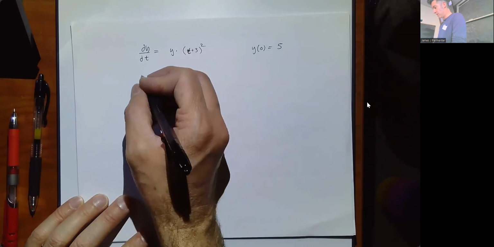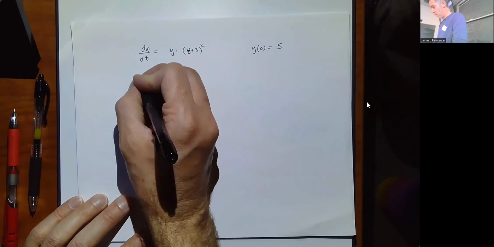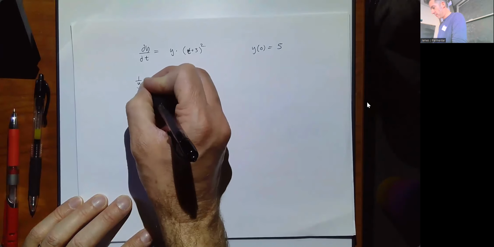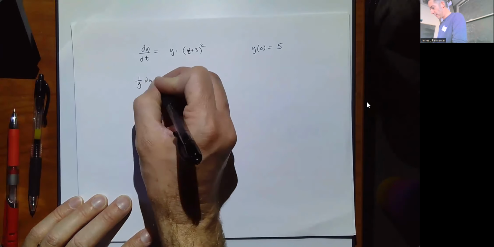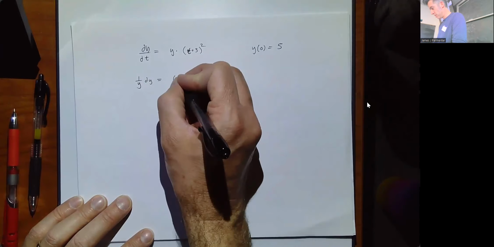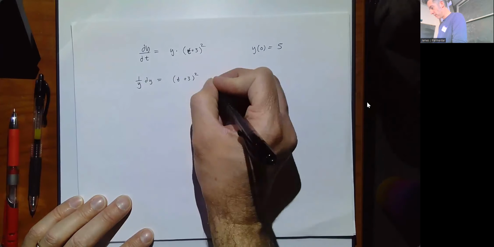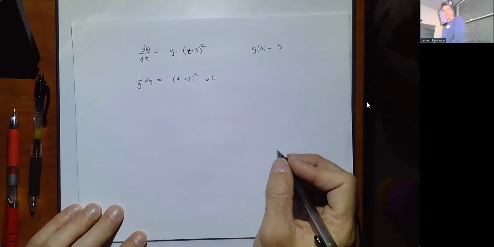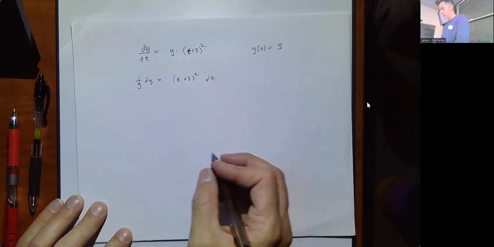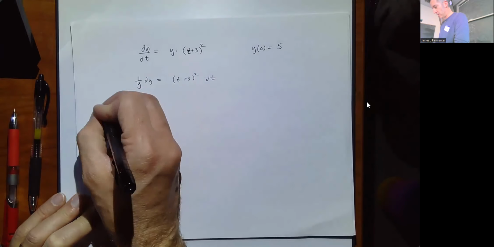So let's go ahead and do the thing. We're going to separate. So 1 over y dy is equal to (t plus 3) squared dt. And we're going to anti-differentiate both sides.